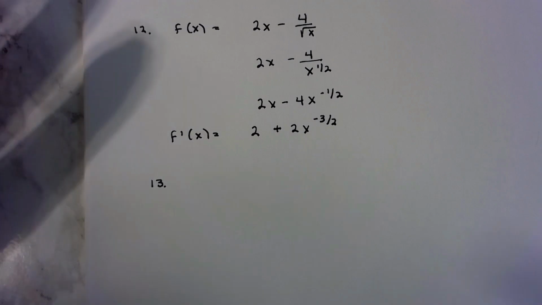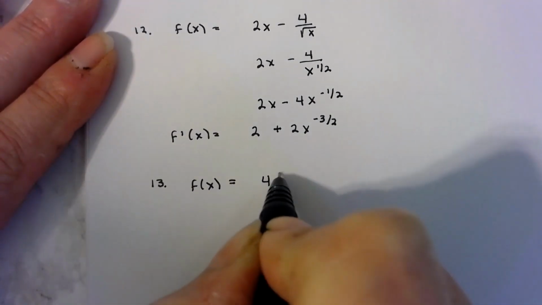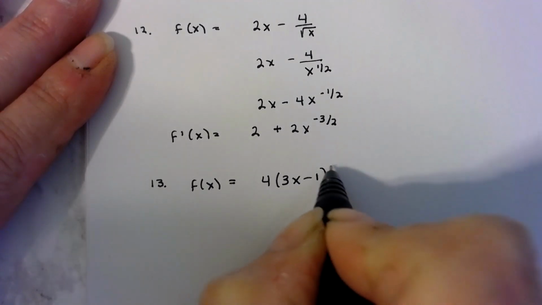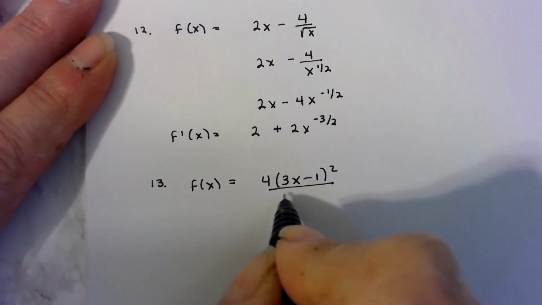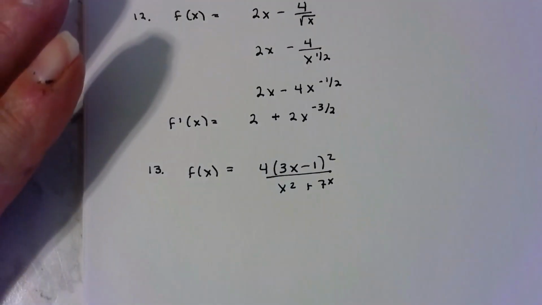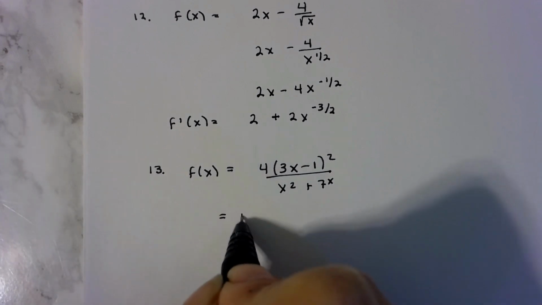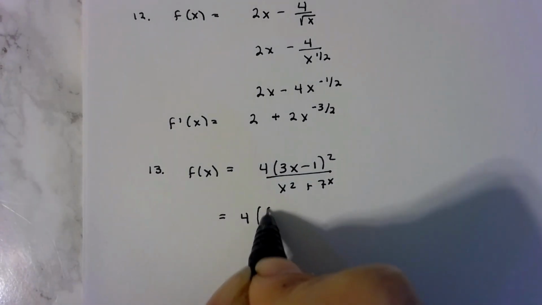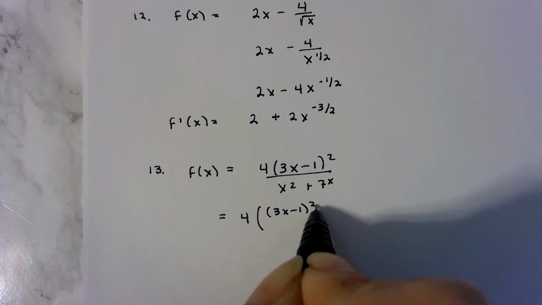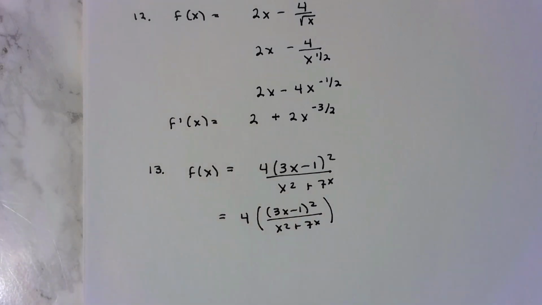All right, so number 13, we have another quotient. F of x is equal to 4 times (3x minus 1) squared, all over x squared plus 7 to the x. Now, this is 4 times (3x minus 1) squared over x squared plus 7 to the x. So you could pull out the 4 and focus on this thing and then multiply the 4 back in, or leave it hanging out there.